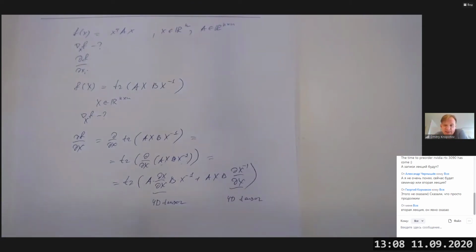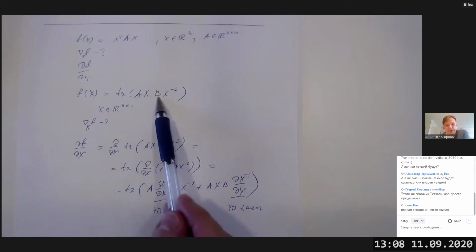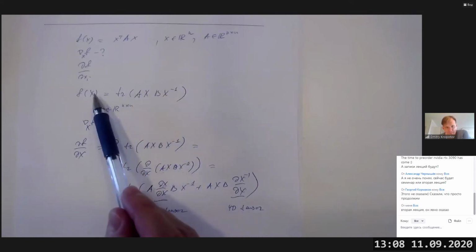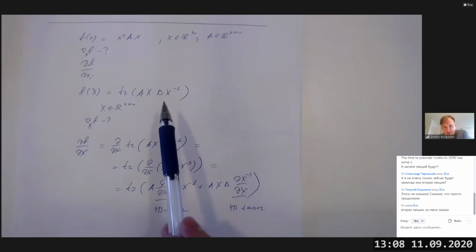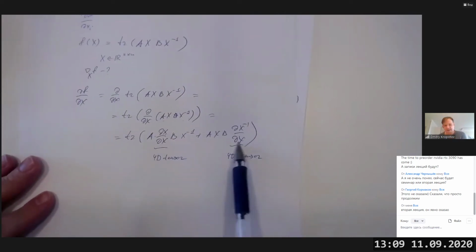So for us, it would be much easier to calculate the derivative in a way that saves the dimensionality of all the terms. So if initially our function f requires only matrices in order to calculate the function f itself, we would like to have a way to calculate the gradient of this function also operating only with matrices, without all these tensors.